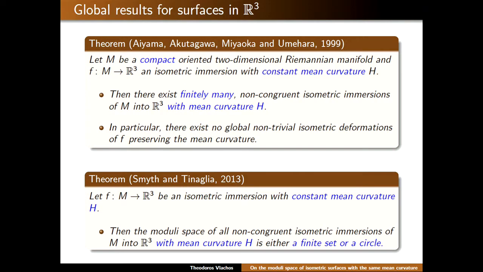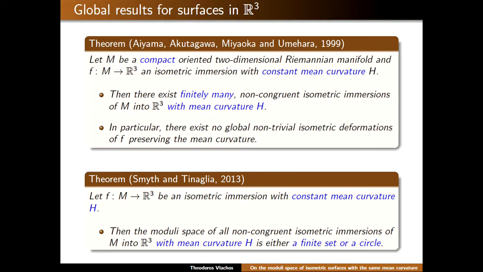What happens in the case of compact CMC surfaces? There are some results. The first says that there are finitely many non-congruent isometric immersions with the same constant mean curvature.